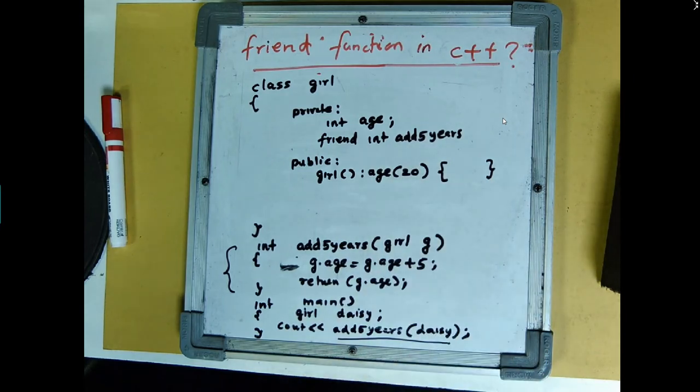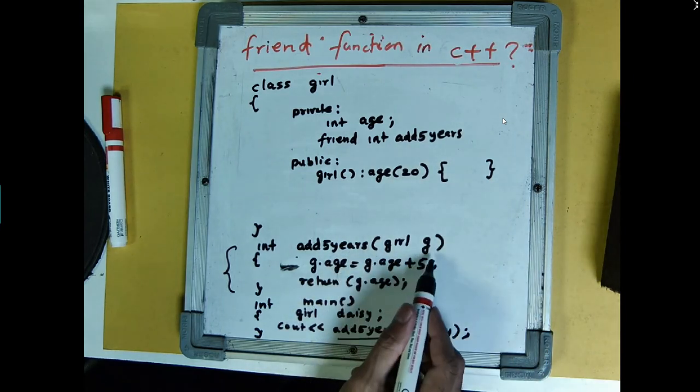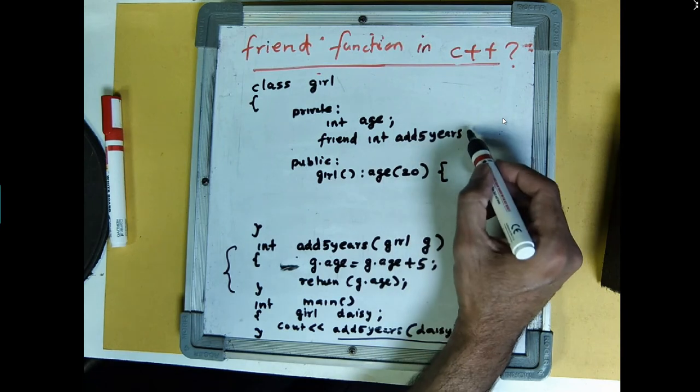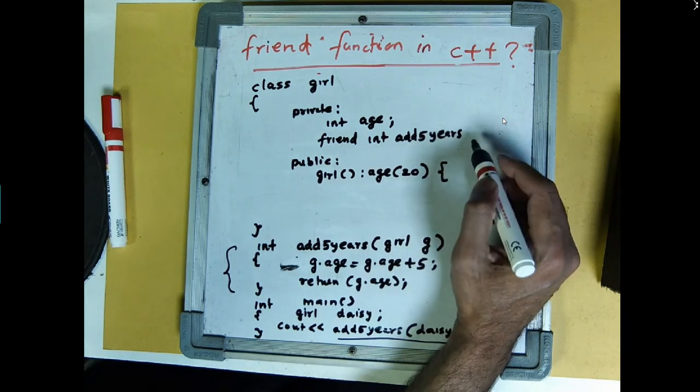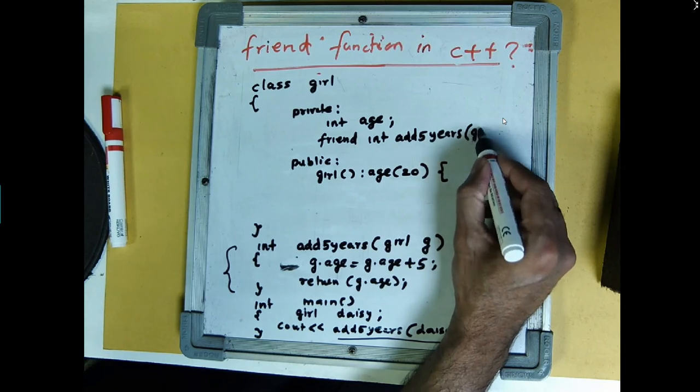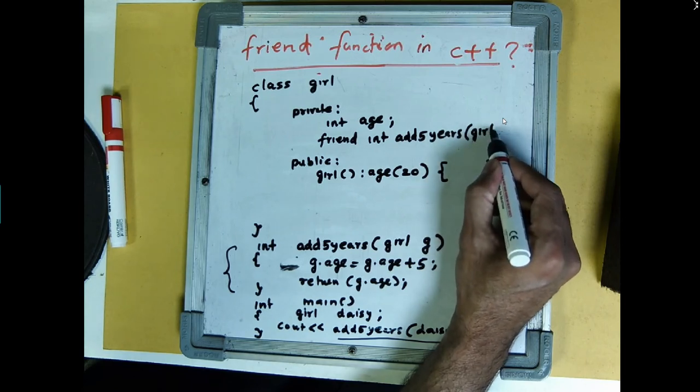Add 5 years. This is a simple function which you have made friendly with this class, and after that you can always say the girl whatever.